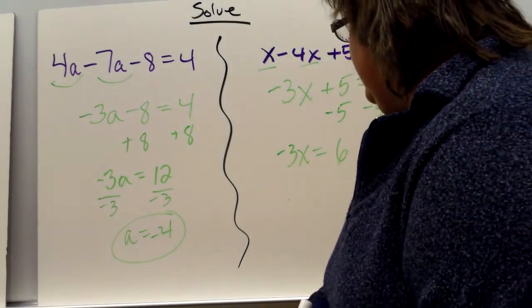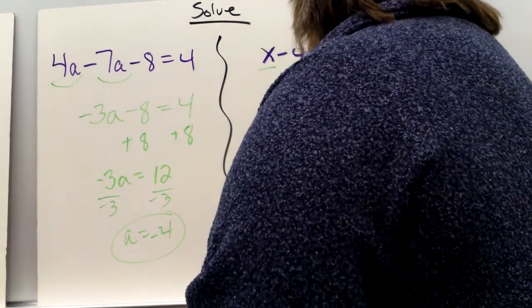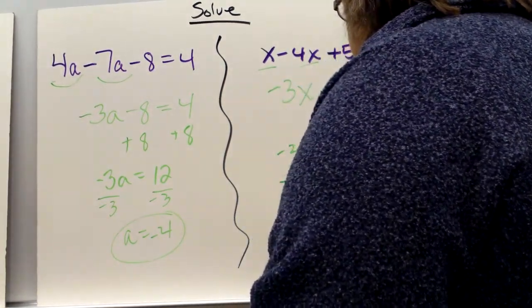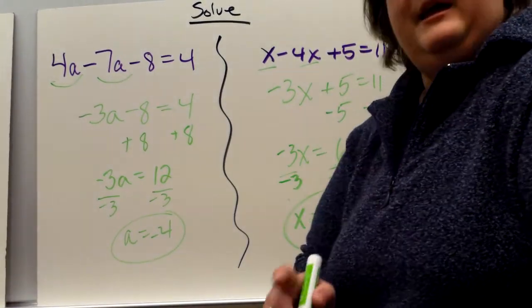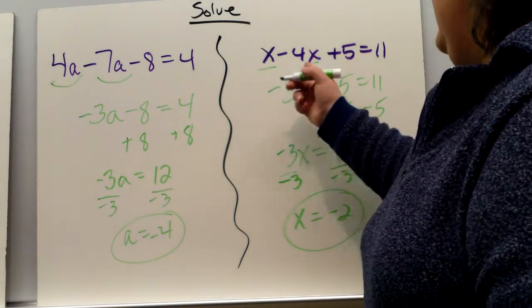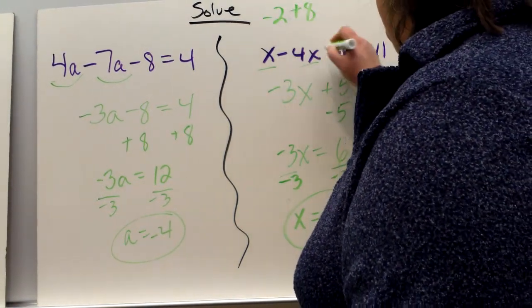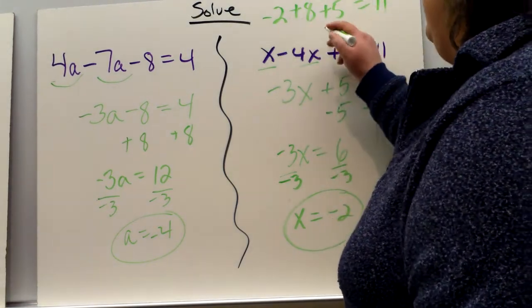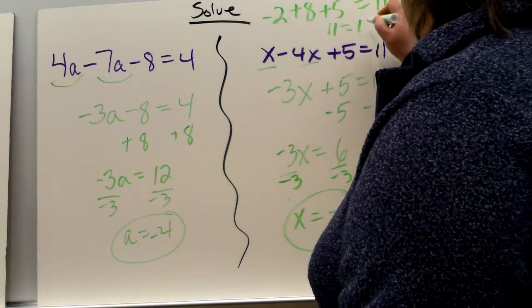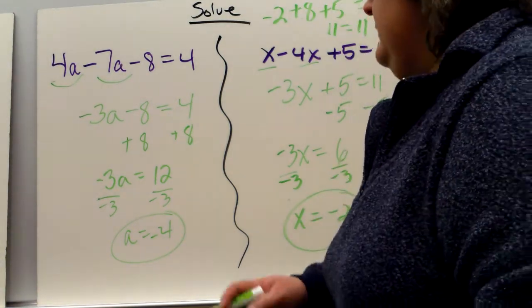Negative 3x equals a 6. We're going to go and, as our final step, always clear that coefficient. Ooh, a lot of negatives here. We would end up getting a negative 2 that we could plug in and make it certain. If we plugged in a negative 2 for x real quick, we would end up getting 11 equals 11. So we know that that checked out.